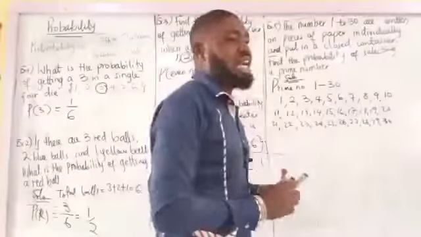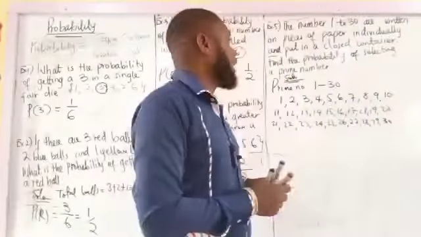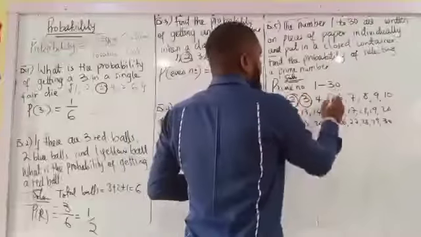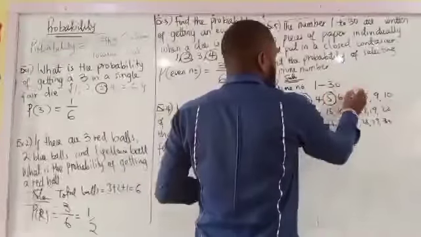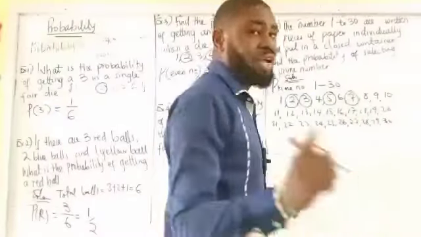Prime numbers are divisible only by themselves and one. So, very fast: 2 is a prime number, 3 is a prime number, 5 is a prime number, 7 is a prime number, 9 is not a prime number, think of that, it's divisible by 3.